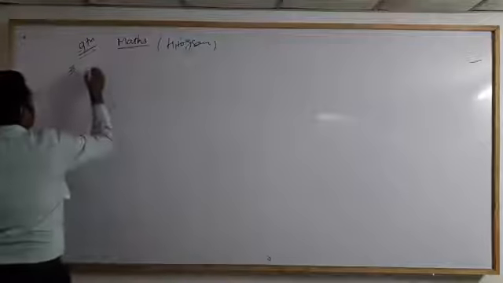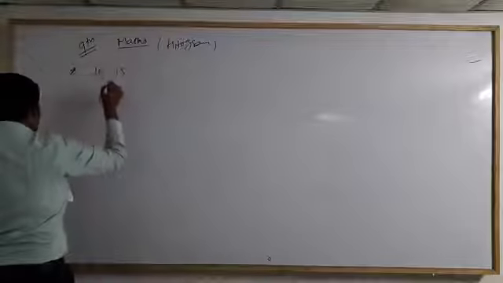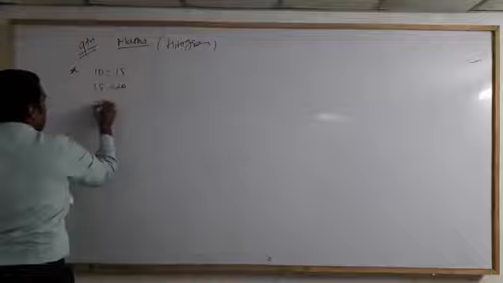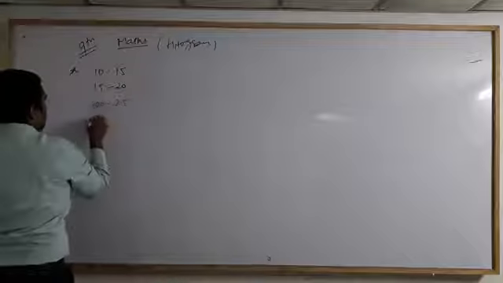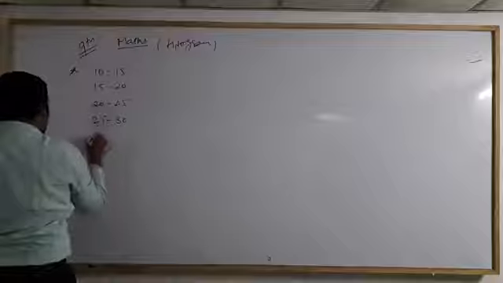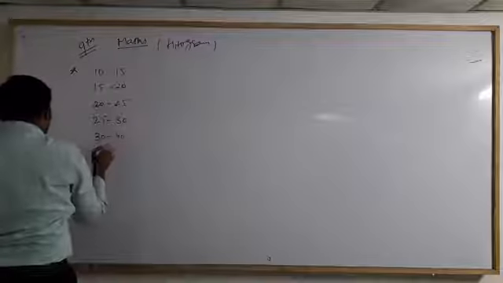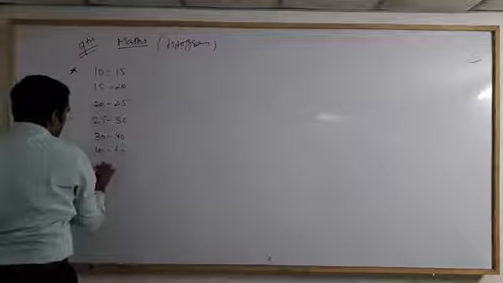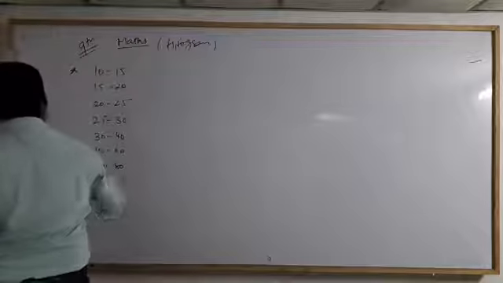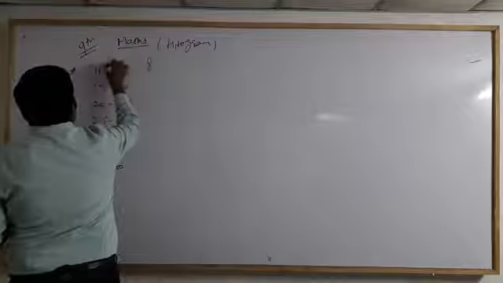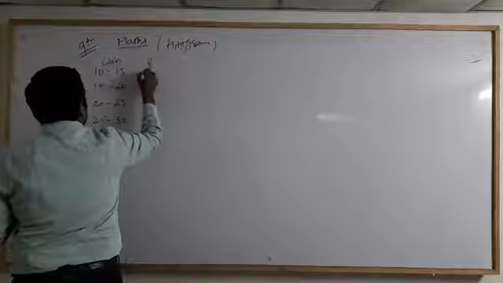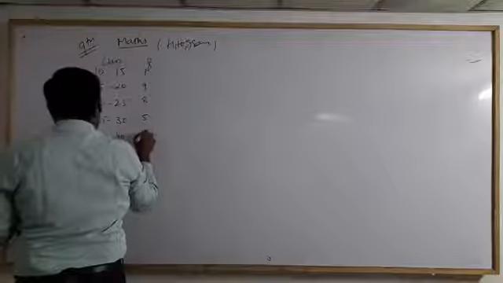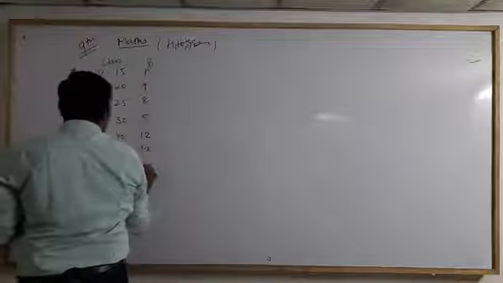My classes are 10 to 15, 15 to 20, 20 to 25, 25 to 30, 30 to 40, 40 to 60, and 60 to 80. And my frequencies are 7, 9, 8, 5, 12, 12 and 8.